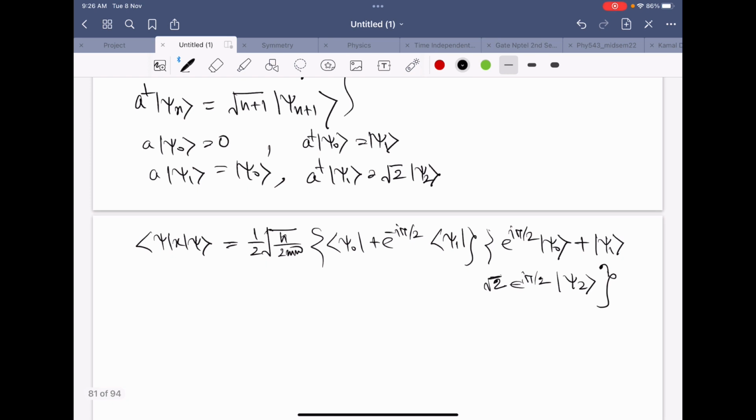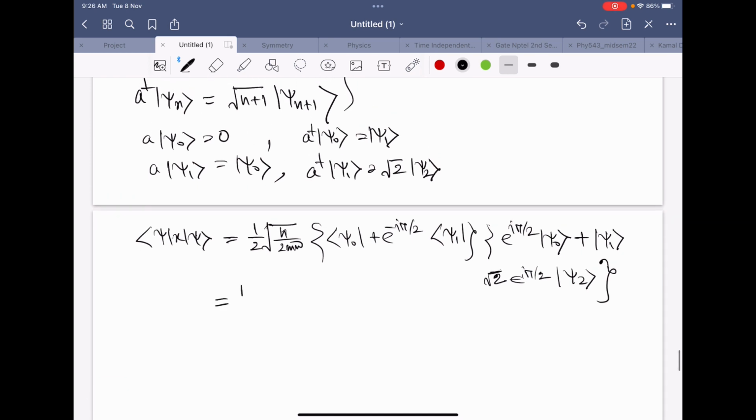Now let's multiply these things. H bar by 2m omega: e to the power i pi by 2 psi 0 with psi 0 is 1, and psi 0 with psi 1 goes to 0 because these two are orthogonal, and with psi 2 is also 0 because these are also orthogonal.